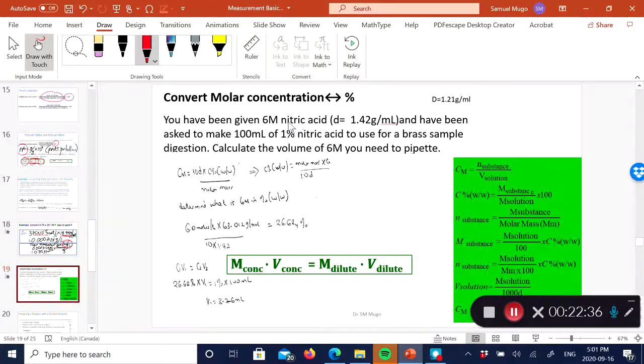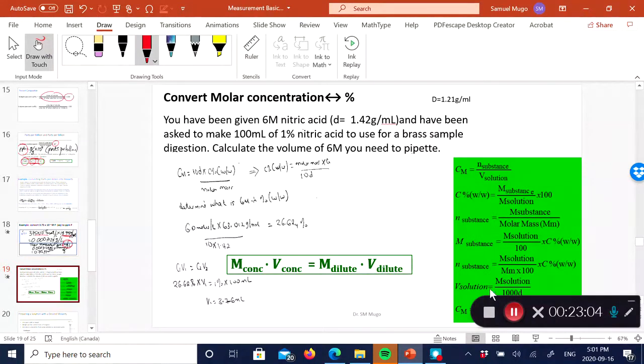So you need to convert this molar concentration into percent so that you can do the dilution. Maybe I'll show you a very simple formula for doing it, where this percent is equal to the molar mass times the molar concentration divided by 10 times the density in grams per mL.